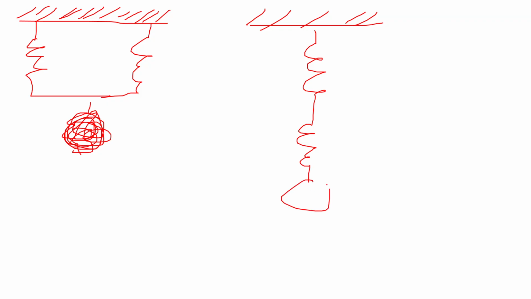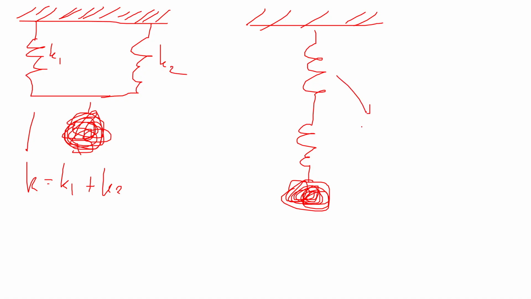I already discussed where we'll get the rumus, or the equation. But basically for the parallel one, k will be equal to the total of k1 and k2, with this being k1 and this being k2. And for the series one, it's 1 over k equals 1 over k1 plus 1 over k2.